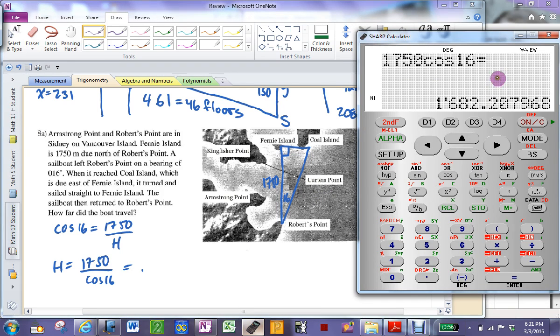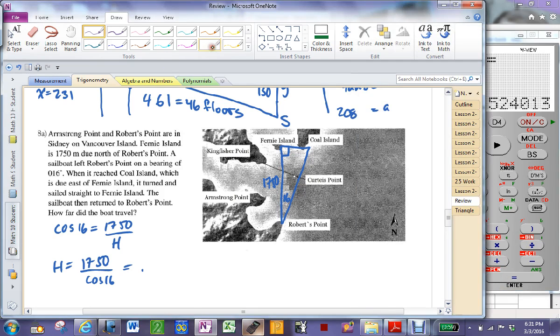So, see, I made a mistake with my calculator, and I looked at it and I realized it couldn't be right. 1750 divided by cos 16. There we go, 1820. Now that makes sense.